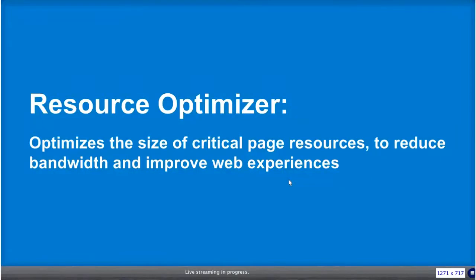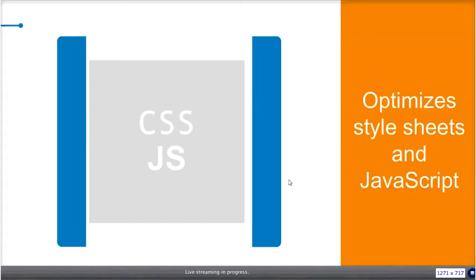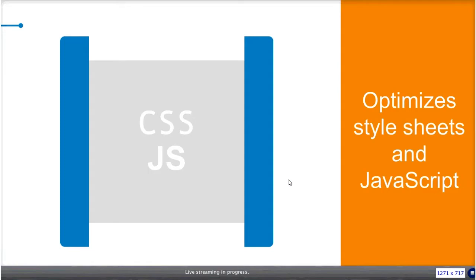So what we're doing is we're looking at those style sheets and those JavaScripts. These are the two resources that really contribute to that early rendering experience. So looking at the style sheets and JavaScript, how can we make those smaller so that we can, again, push them and get more performance?